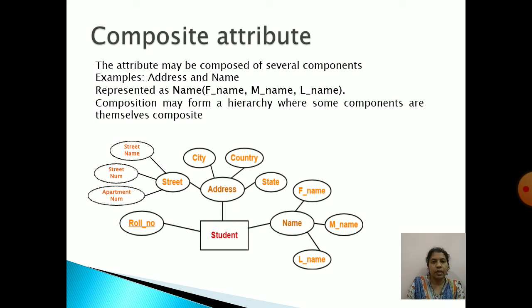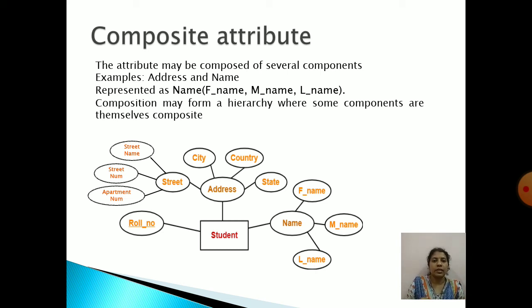Like for example, subcomponents you can have. For street, you have street name, street number, then apartment number, right? These are the subcomponents of street. Street is nothing but it is a component of address attribute. Okay, so like that it can have a hierarchy of components. Okay, it will form a hierarchy of components.